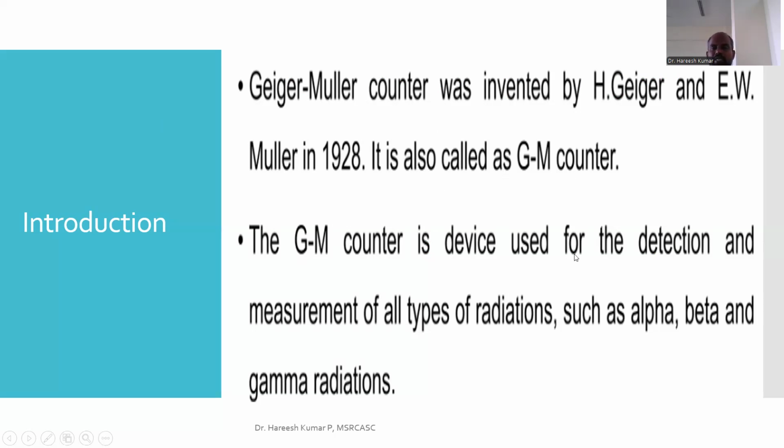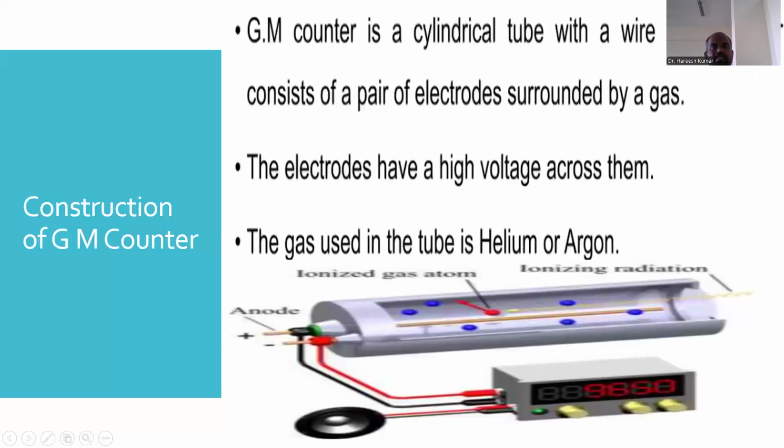The GM counter is a device used for the detection and measurement of all types of radiations such as alpha, beta, and gamma radiations. A GM counter is a cylindrical tube with a wire at the center, consisting of a pair of electrodes surrounded by a gas.